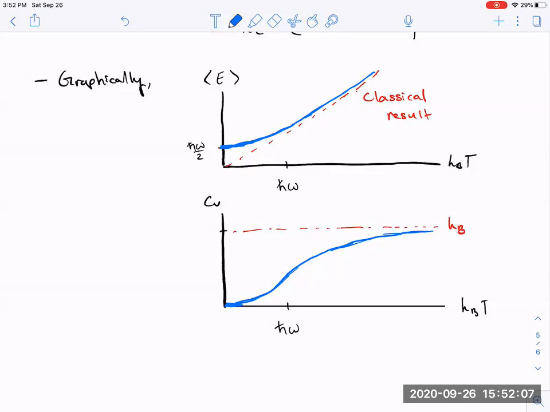Again, meaningful fluctuations start happening when the temperature is on the order of that h bar omega. So that's the QM result.